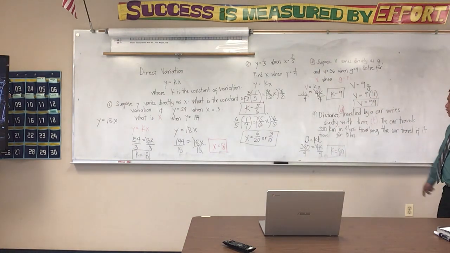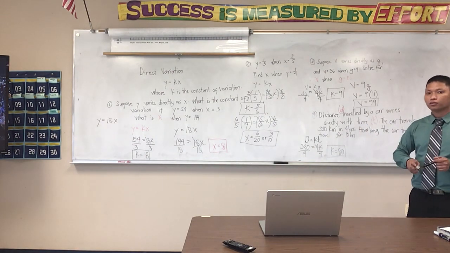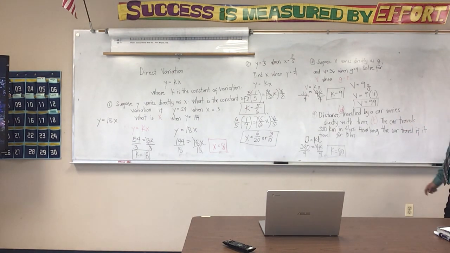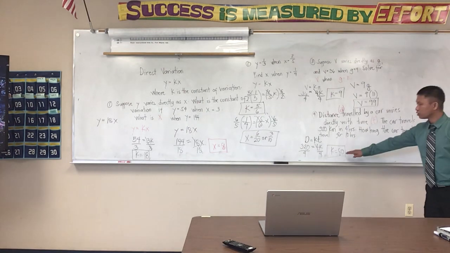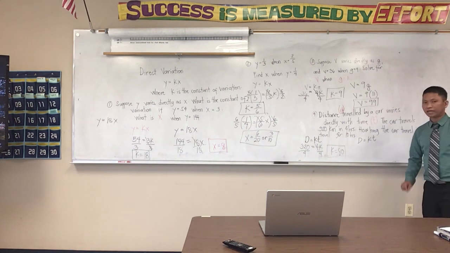The question here is how far does the car travel if it travels for 10 hours? Okay, so using the equation, we have D is equal to K multiplied by time.